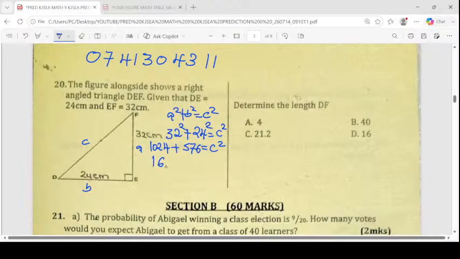So 1,600 is equal to c squared. To get the value of c, you square root. So c is the square root of 1600, which is exactly 40 centimeters. So c is 40 centimeters. So our length DF in this case is 40. That is how you finish up section A.